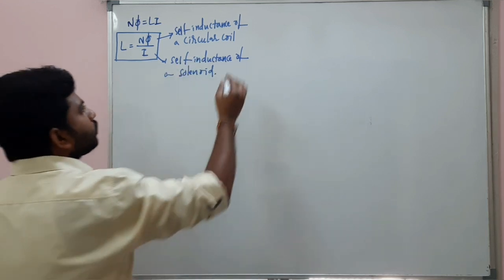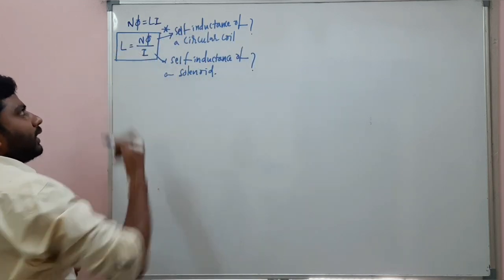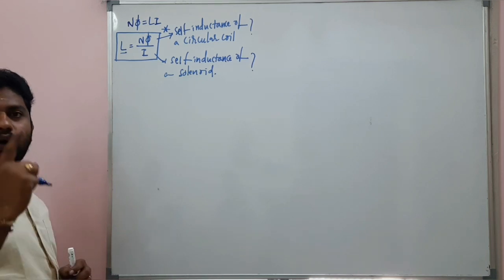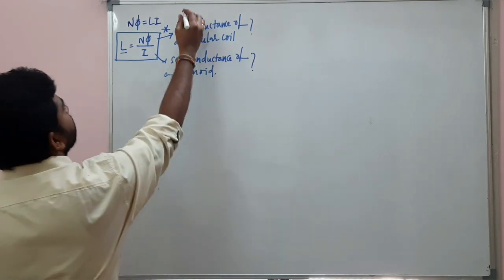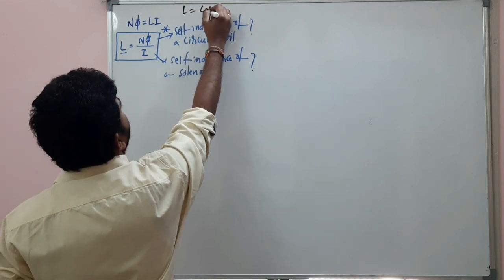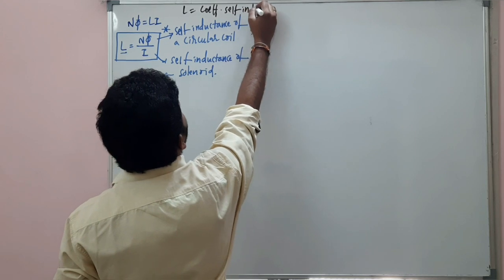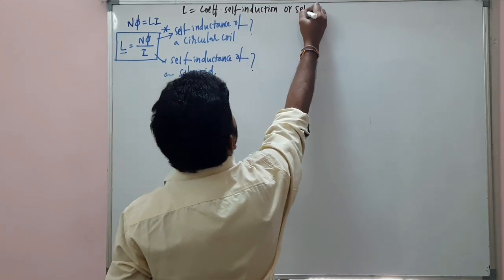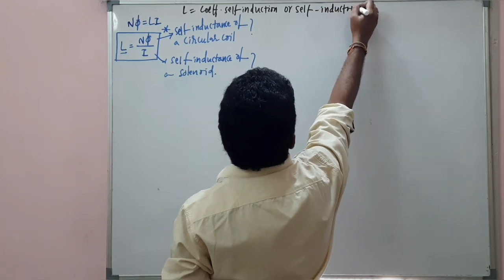To find these two derivations, this is the very important formula. What is this L? L is the coefficient of self-induction or self-inductance. No confusion at all.